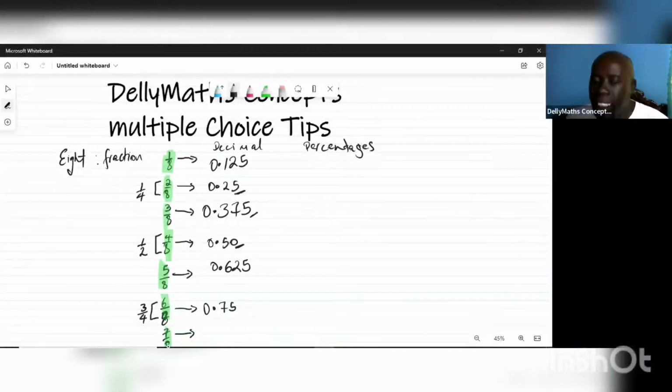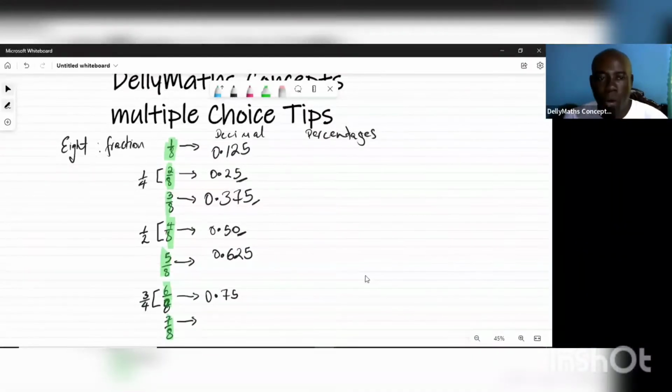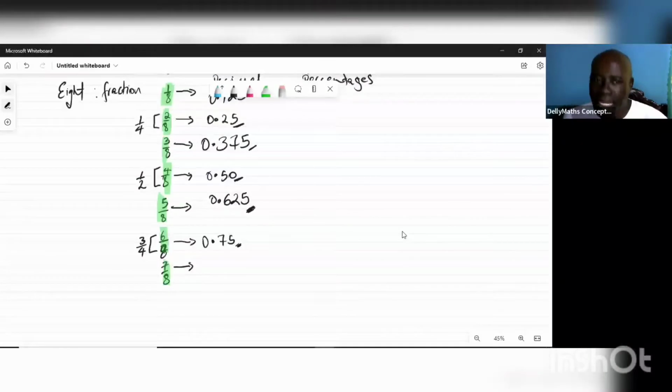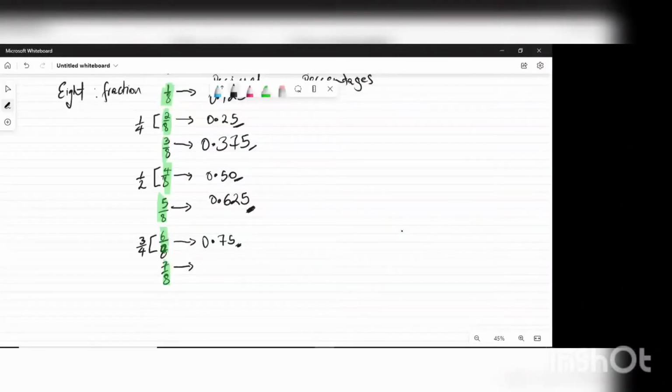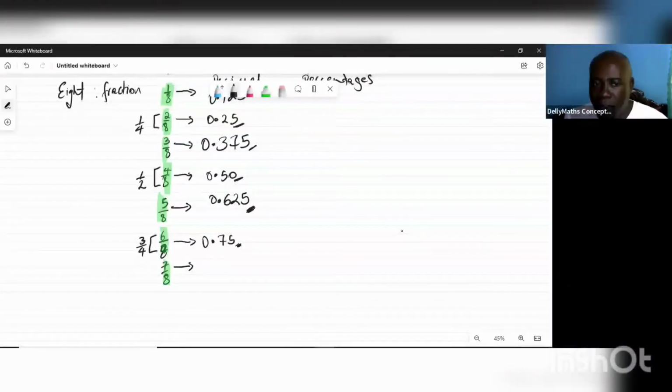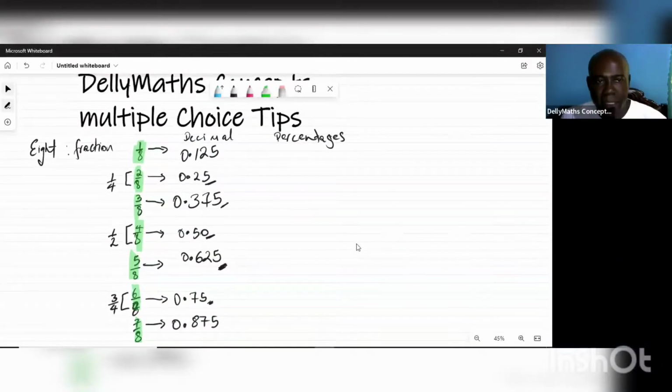If I add 0.125 to 0.625, I'll get 0.75. It's already there, but we'll get it. So if I add 0.125 to 0.75, I will get 0.875. These are the decimals for the eights.